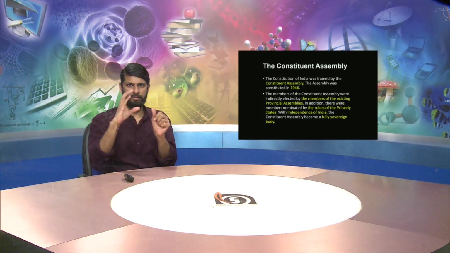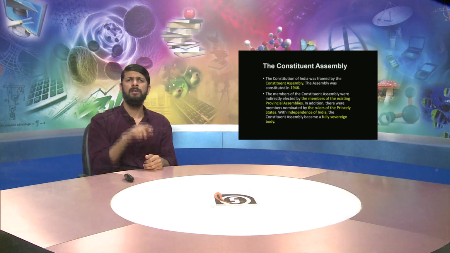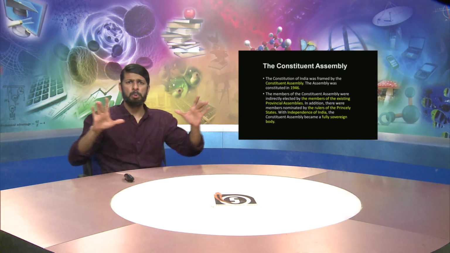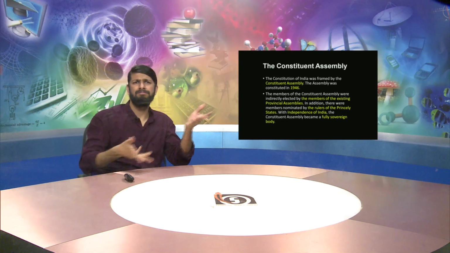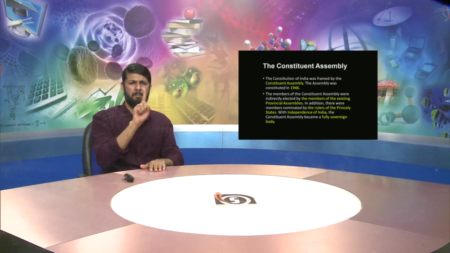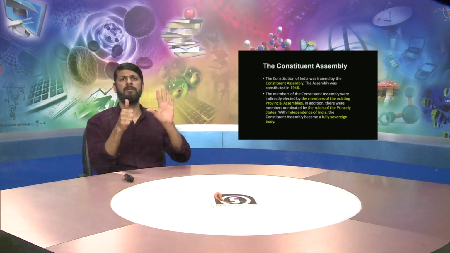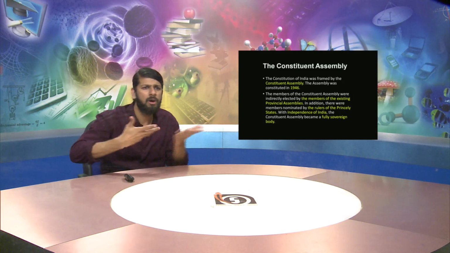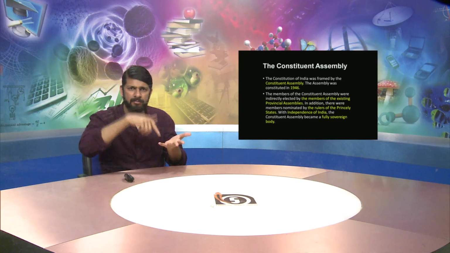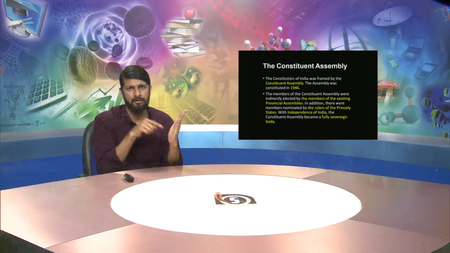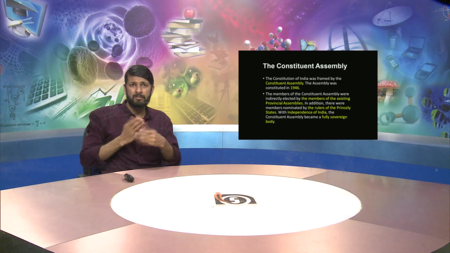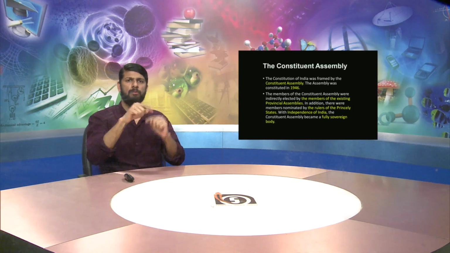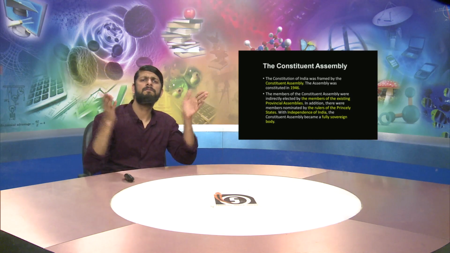The word CA we already discussed. The Constitution of India was framed by the Constituent Assembly in the year 1946. The members of the Constituent Assembly were indirectly elected by the members of the existing provincial assemblies.